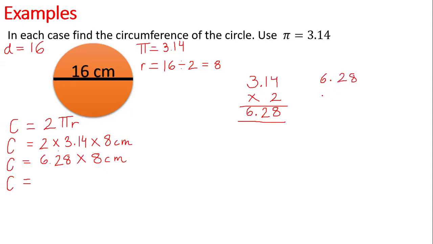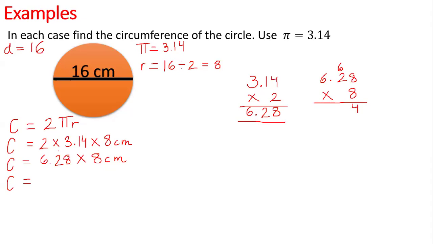So 6.28 multiplied by 8. 8 times 8 is what? 64. Put the 4 down, put the 6 on top. 8 times 2 is 16. 16 plus 6 brings that to 22.